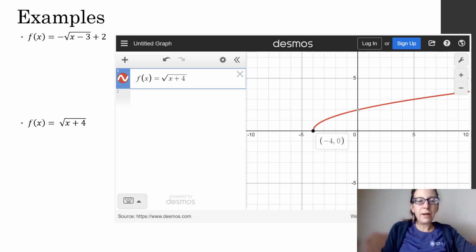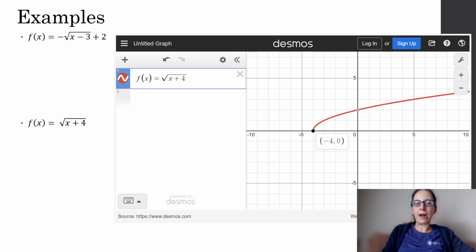Okay, it's not letting me put a dot at the endpoint, but there it is. I'll hover over it so you can see it. It is 3, 2, okay?